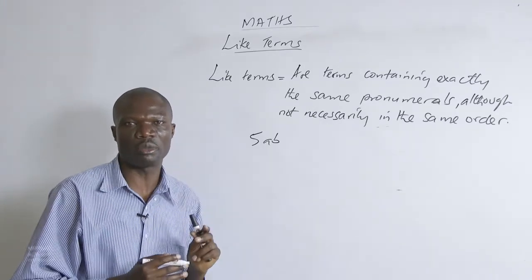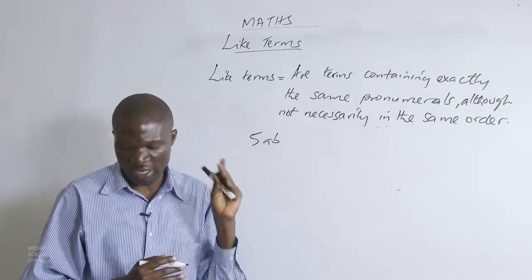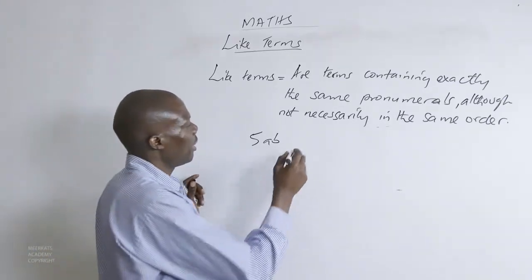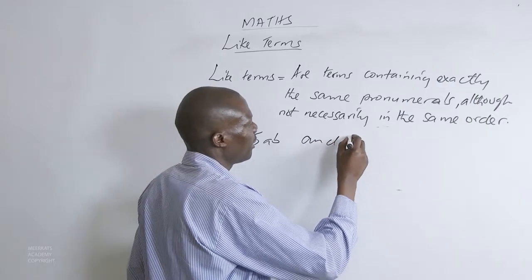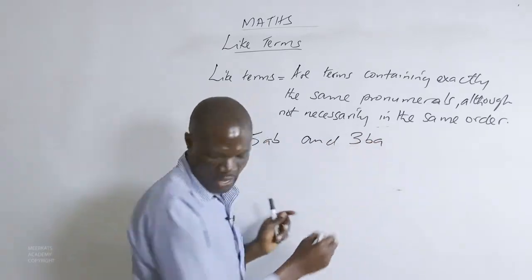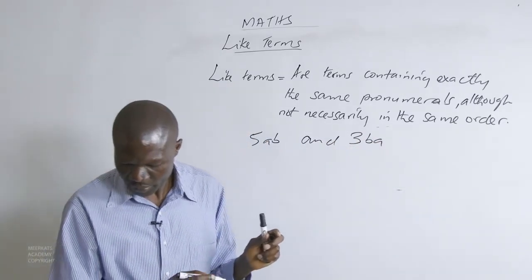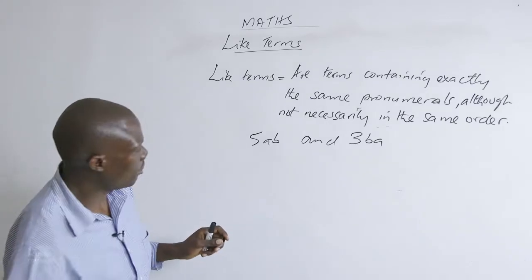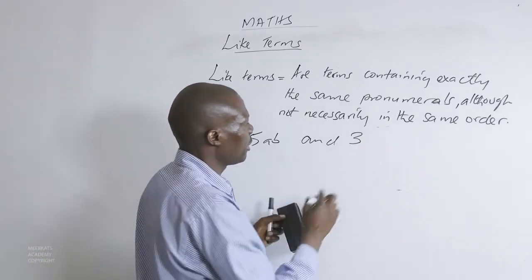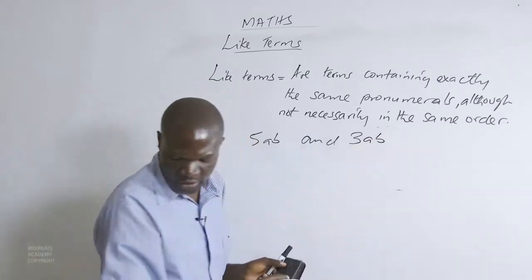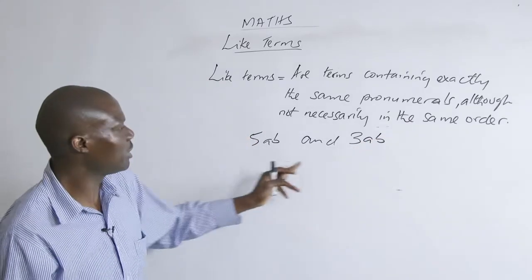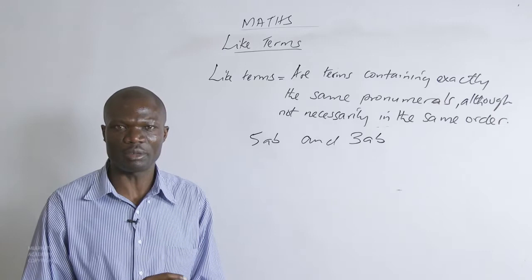We have two pronumerals. One is A, another one is B. And we will take 3AB. We shall simply say that these are like terms.